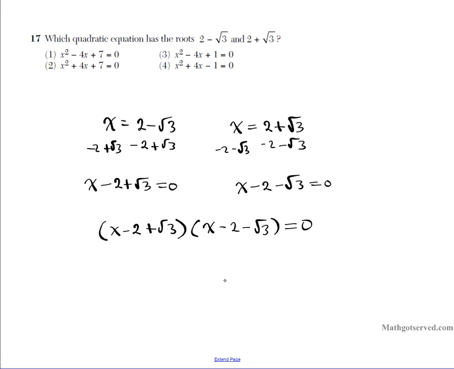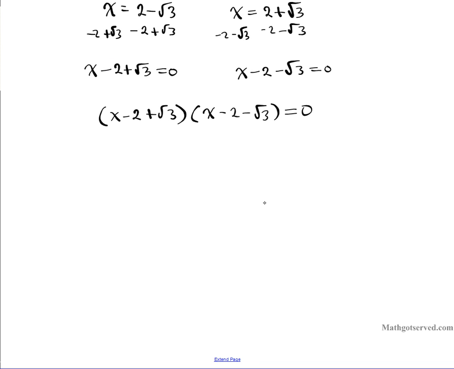All right. So now if I distribute these two factors, I should get one of the options. It's important for us to organize it carefully so we don't get ourselves confused. So I'm going to write x minus 2 plus root 3, and then x minus 2 minus root 3. Now this is the deal.